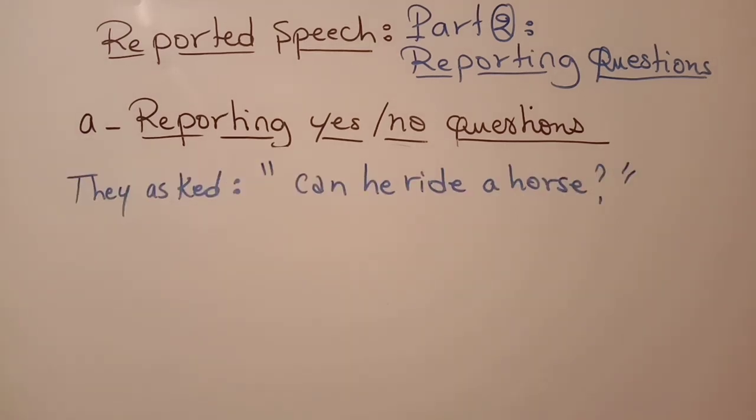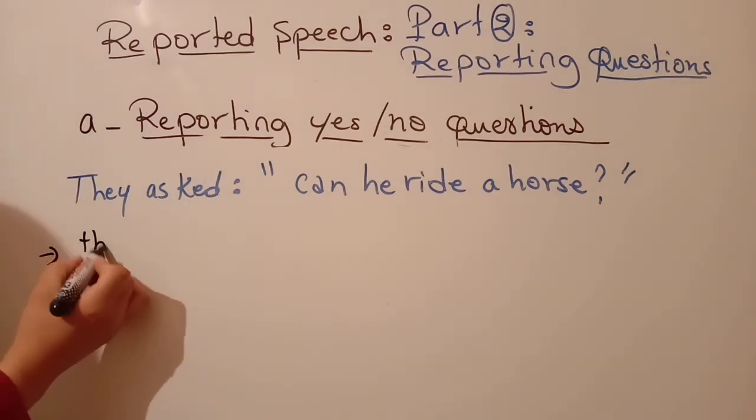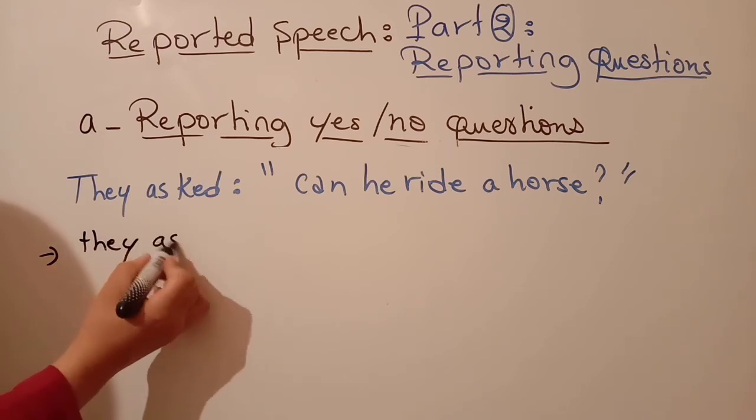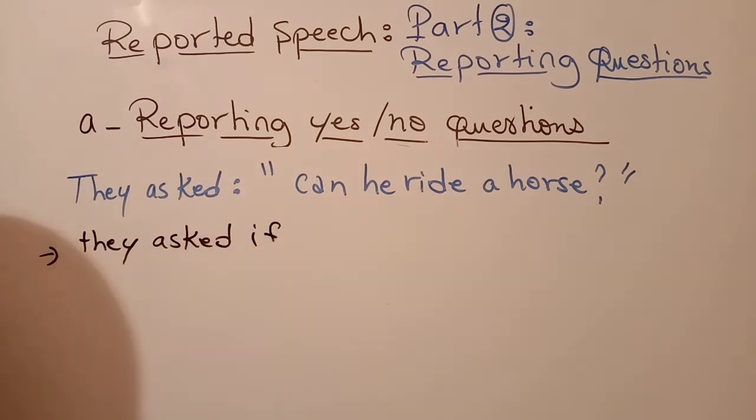So the last example about reporting yes or no questions: they asked, "Can he ride a horse?" In reported speech, the first part does not change: they asked. Then we use the link if or whether.